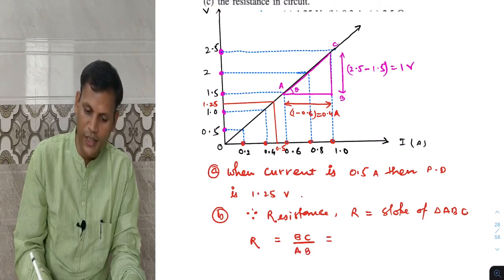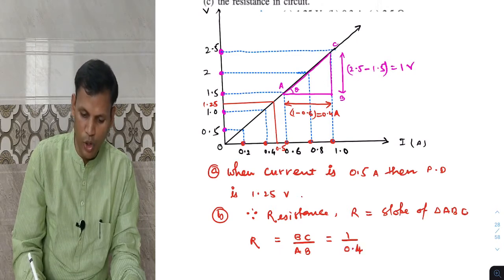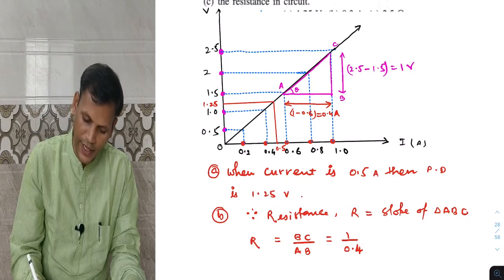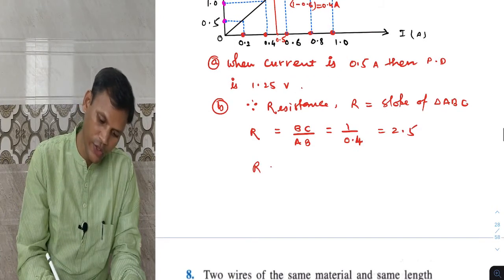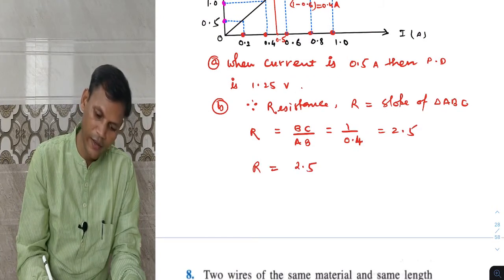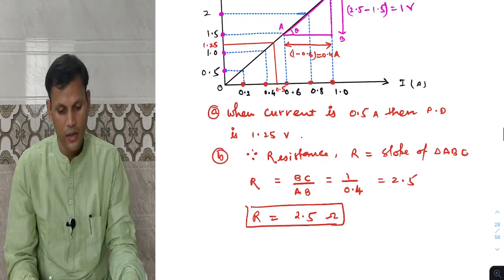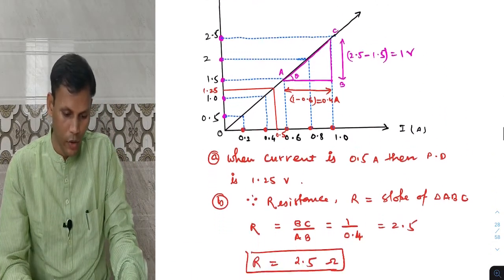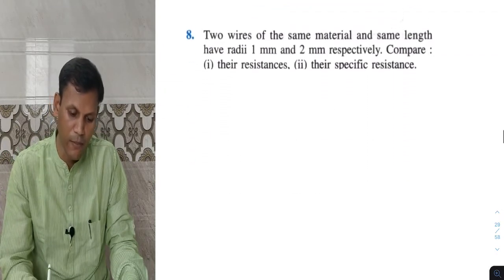BC we have calculated as 1 and AB is 0.4. So 1 by 0.4 means 10 by 4, which will be 2.5. So R is equal to 2.5 ohm. This is the resistance of the circuit. Okay, now next question, which is question number 8.